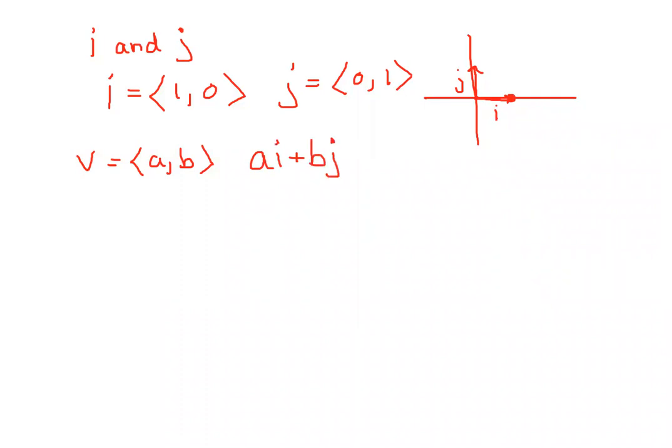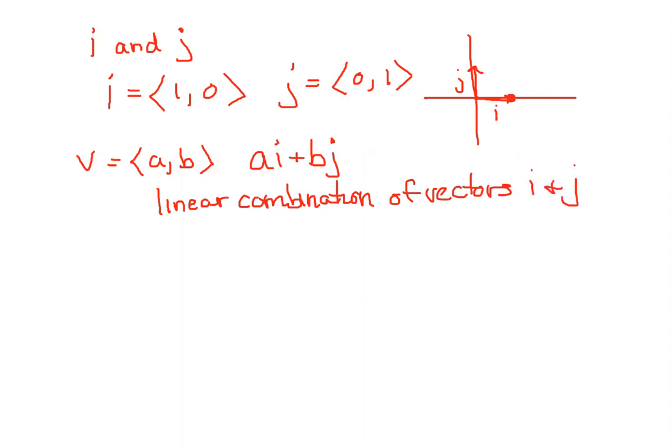This is called a linear combination of vectors I and J. Okay, I and J are special vectors. They're standard unit vectors, and we can write any vector as a linear combination of I and J by writing it as AI plus BJ.